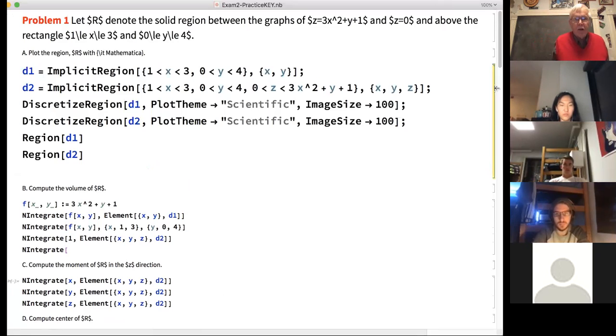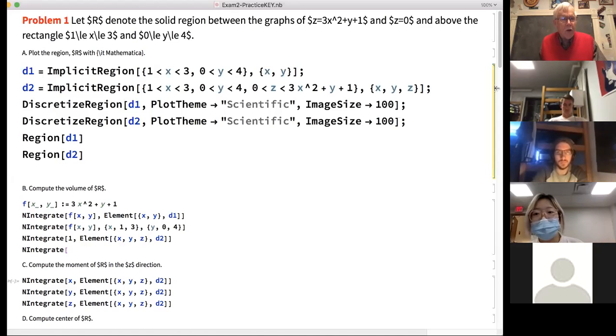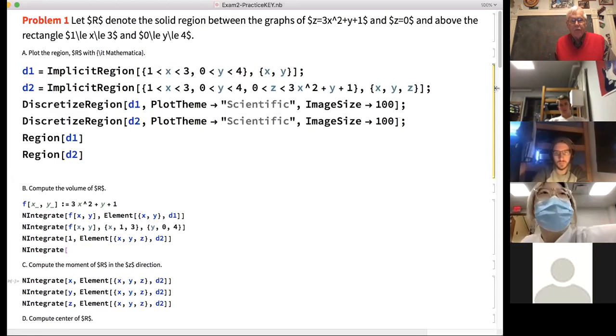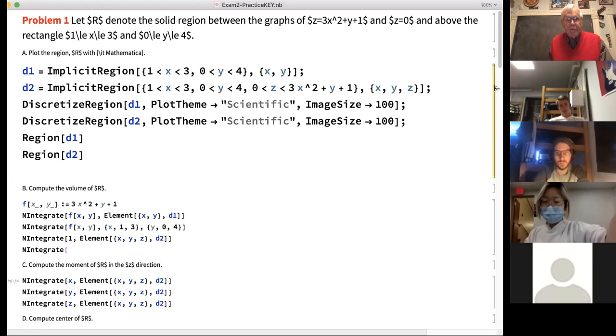So this can become handy, and so I did that immediately, recognizing that it was a place we could integrate over. D2 is actually the region. So this is the entire region, and it's defined exactly by the conditions that I gave in that sentence. X is between 1 and 3, y is between 0 and 4, and z lies somewhere between 0 and the paraboloid that's above it.